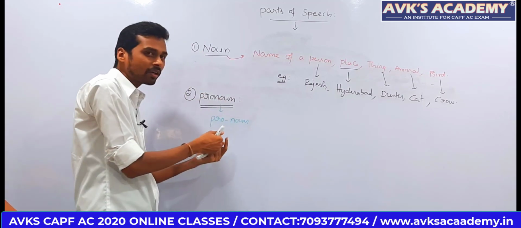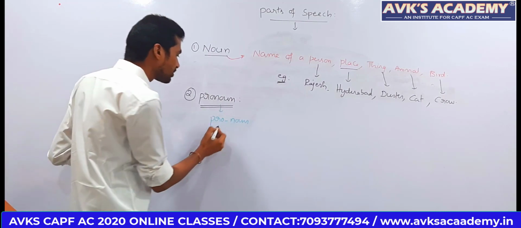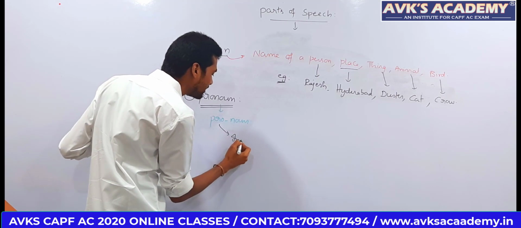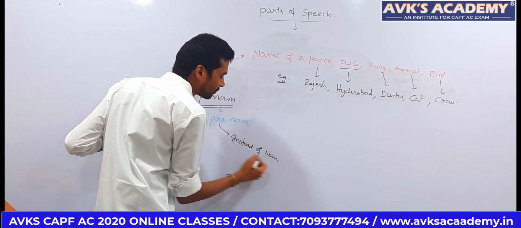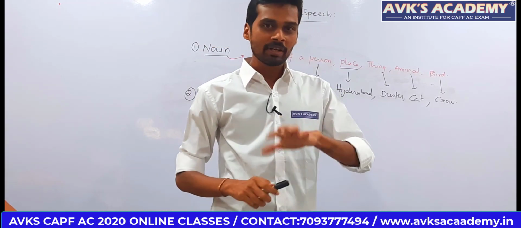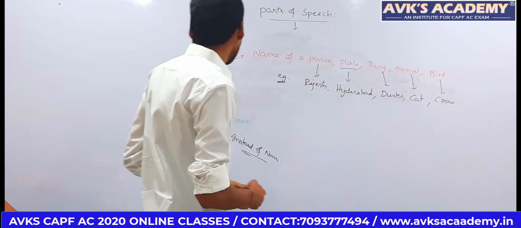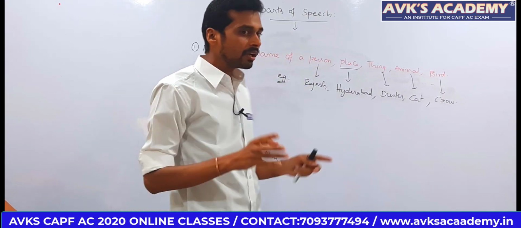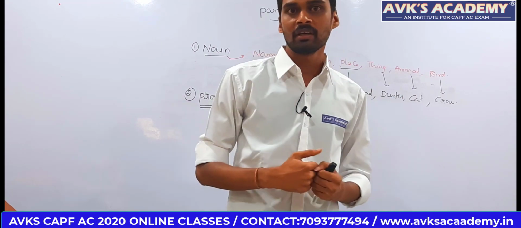Pro means what? Instead of. So we can say instead of noun. The meaning of pronoun is a word which is used instead of a noun. For example, if somebody asks you to write a story on Rama, how do you write that story?